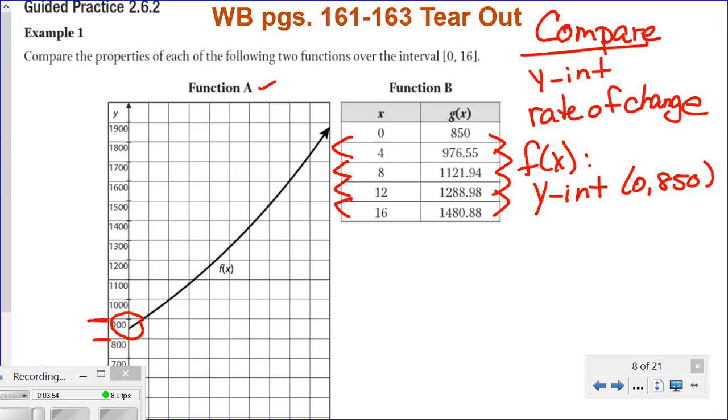Fortunately, for function B, I can just look at my table, and I notice that my y-intercept is right here. So for g of x, my y-intercept is also (0, 850). So these two functions have the same y-intercept. We've done that comparison. The next thing we need to look at is the rate of change over a specified interval.